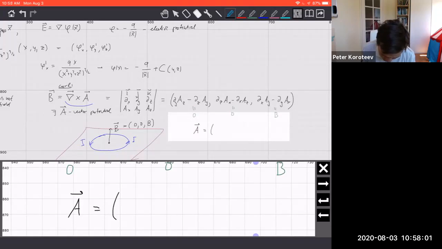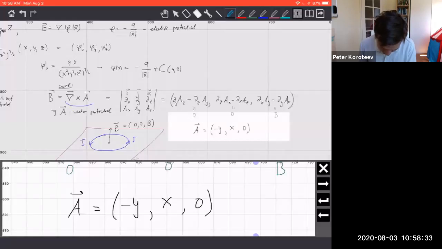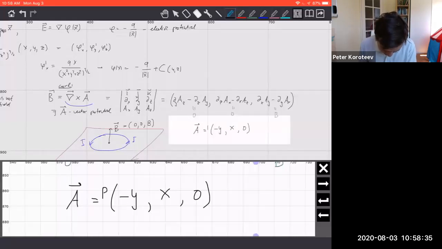For example, take it to be x minus y and 0 with coefficient b half.